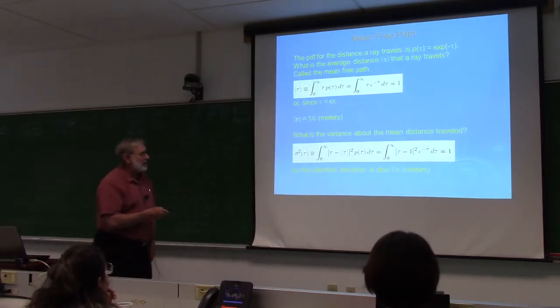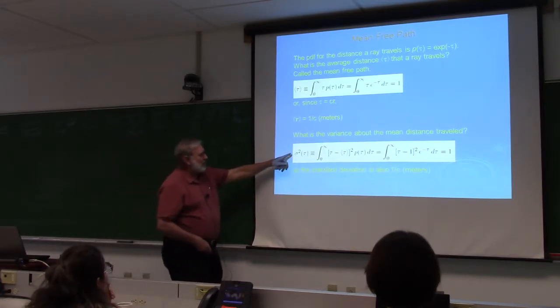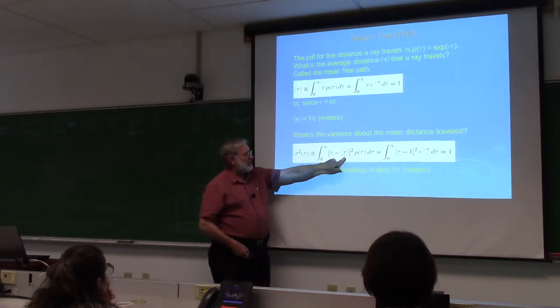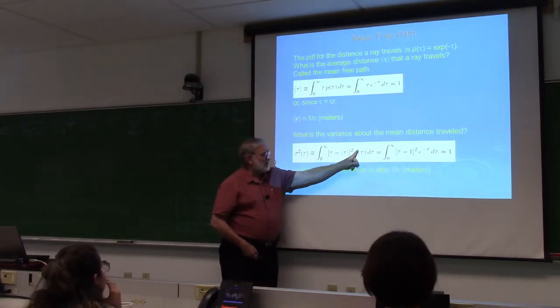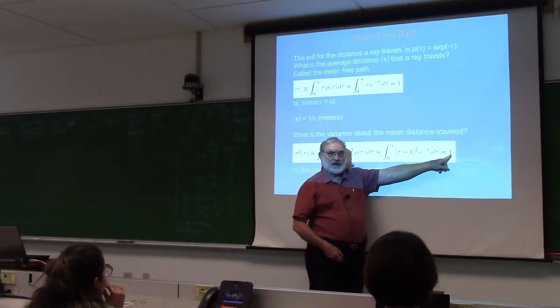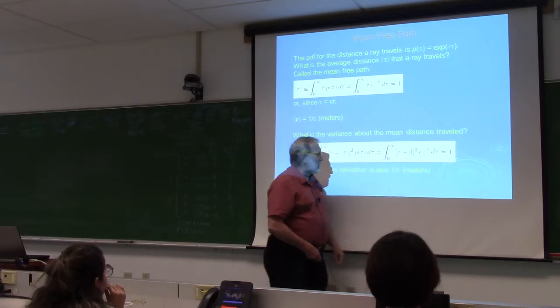And then it's kind of neat, what's the variance about this mean? Well, the variance is by definition, you take the variable minus its average, square it, times the PDF, integrate it, you do the calculus, and once again it turns out to be 1.